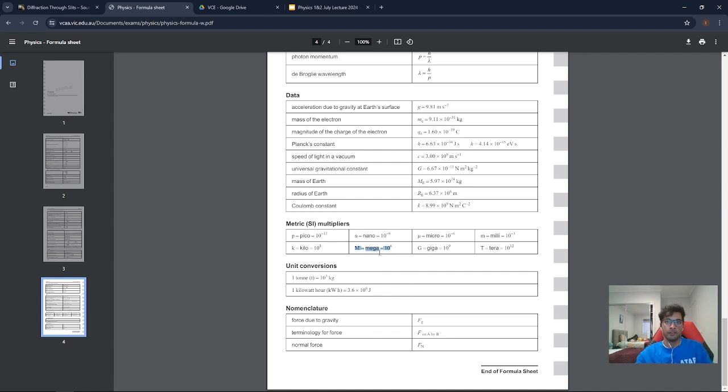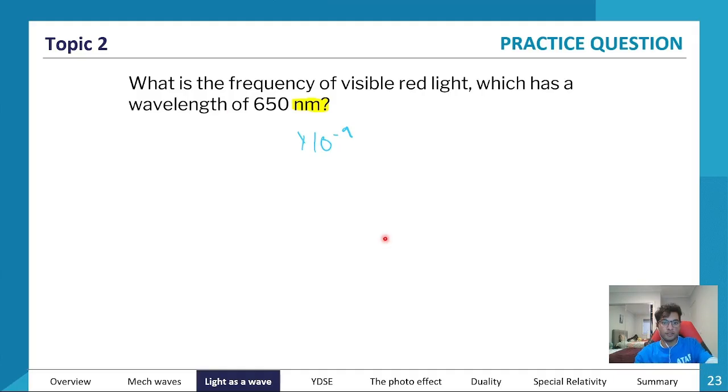So if you've completely forgotten what a nanometer is, you can go to the last page of your formula sheet and see that nano is 10 to the negative 9. Obviously you want to convert all your units into SI, so a wavelength of 650 nanometers is 650 times 10 to the negative 9.